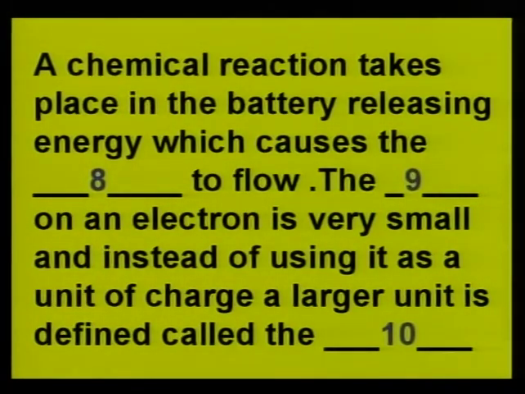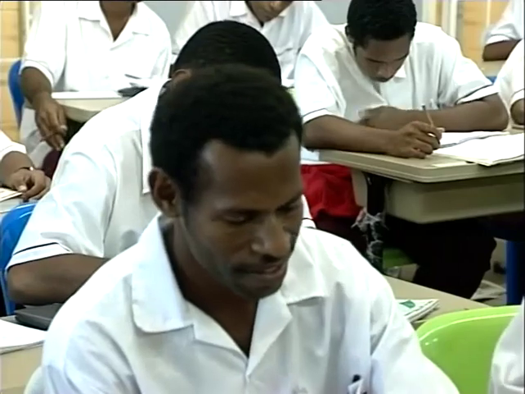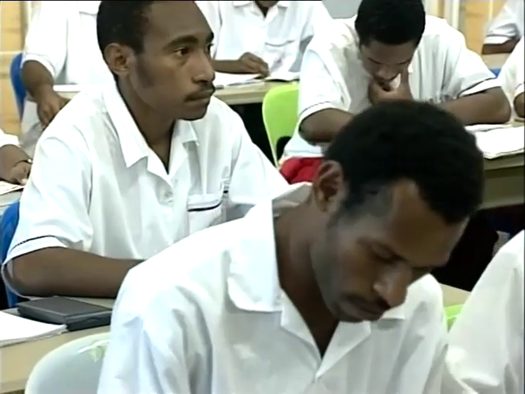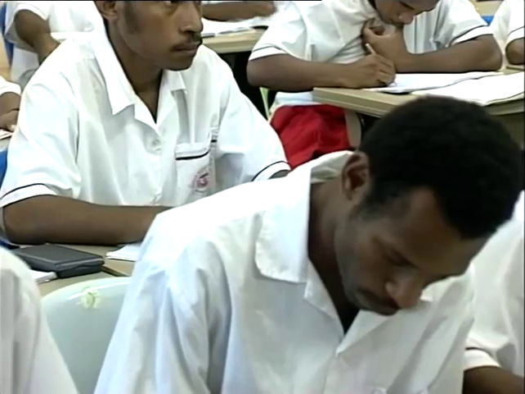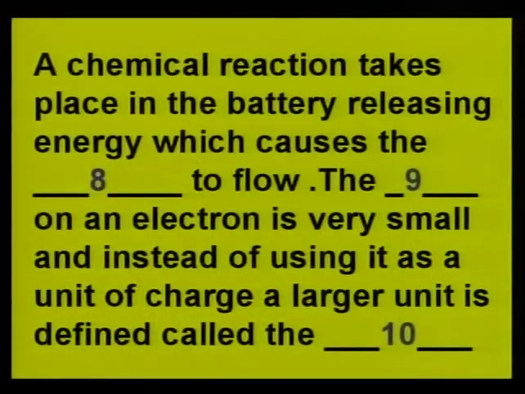Number 9: charge. Okay, good. So number 9 should be the charge on an electron. It's very small, and instead of using it as a unit of charge, a much larger unit is defined called the coulomb. Coulomb is number 10.